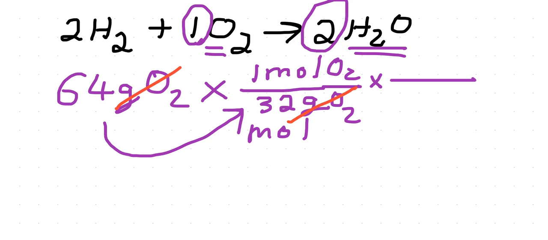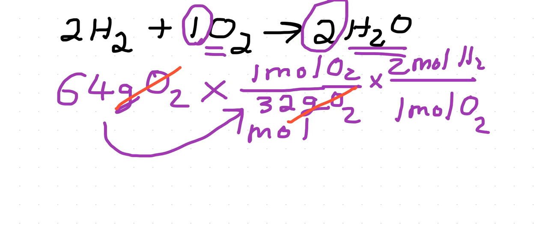Based on the mole ratio, for every 1 mole of oxygen, I will make 2 moles of water. Now I can cancel out what can be canceled. This mole of oxygen, this mole will cancel.